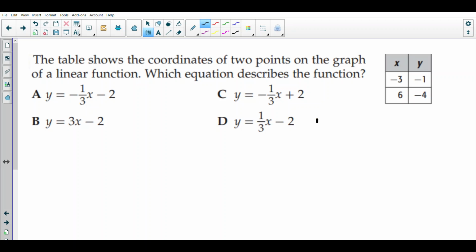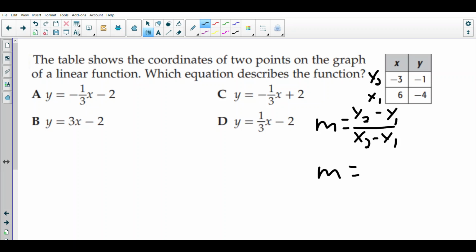So remember our slope formula: y sub 2 minus y sub 1 over x sub 2 minus x sub 1. I'm going to say the first coordinate is x sub 2 and the second coordinate is x sub 1. So I have m equals y2 minus y1 over x2 minus x1: -1 minus -4, all over -3 minus 6.